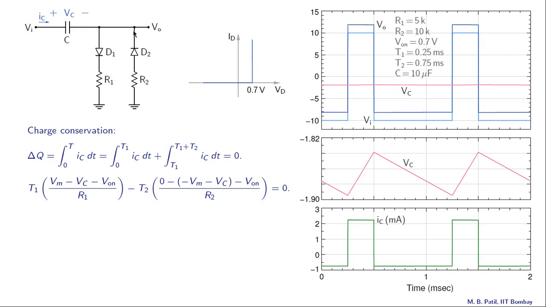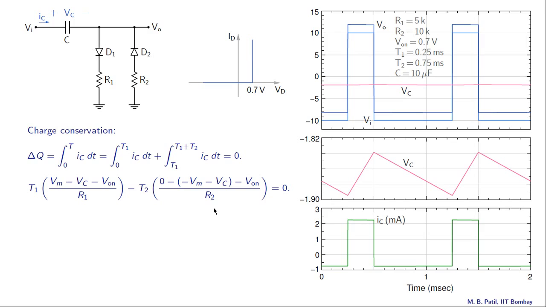So this node is at minus Vm minus Vc. So the voltage drop between these two nodes is 0 minus (minus Vm minus Vc). That is this entire voltage drop here. And from that we need to subtract the voltage drop across the diode D2, which is Von. So that is what we have done over here. So that gives us the voltage drop across R2, and that divided by R2 will give us the current.